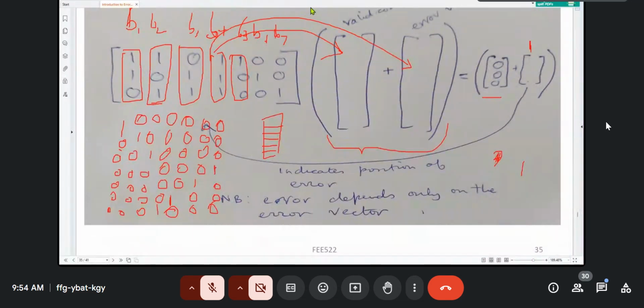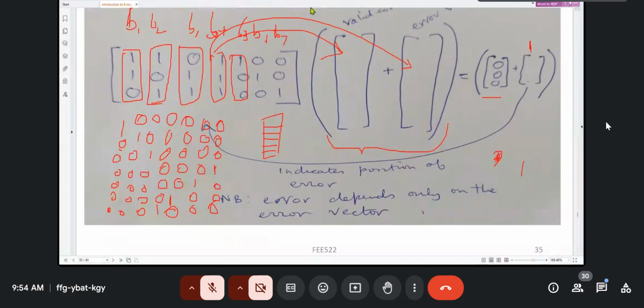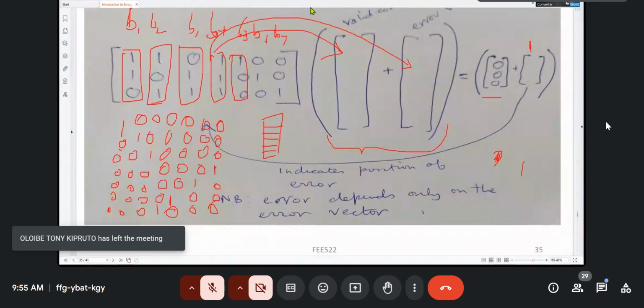Yes, it affects the ability to detect errors. If the minimum distance is 1, you can't detect errors, because one bit error may create another valid code word. Therefore, our method of detecting errors does not work, because the receiver thinks what it has received is okay, and it is not what was sent.